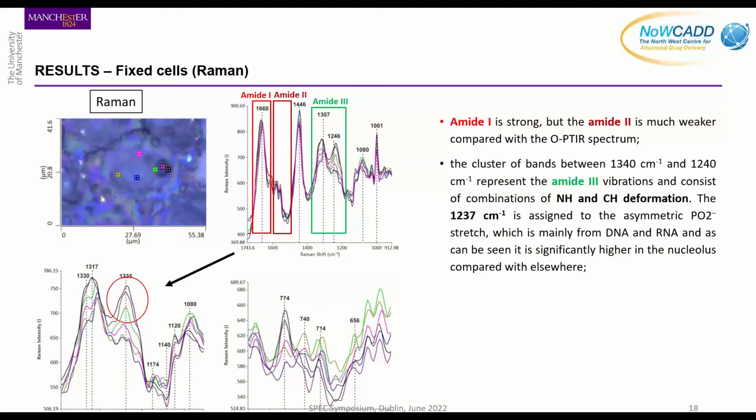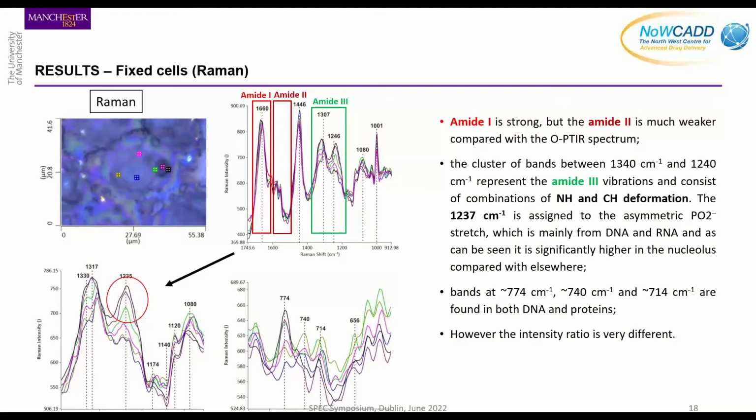But actually, when you look further down in the Raman, you can see that it looks a bit of a mess, but actually it's really consistent, and I'll show you why. There's broadly three bands, round about 770, 740, and 714, and you can see those within here.